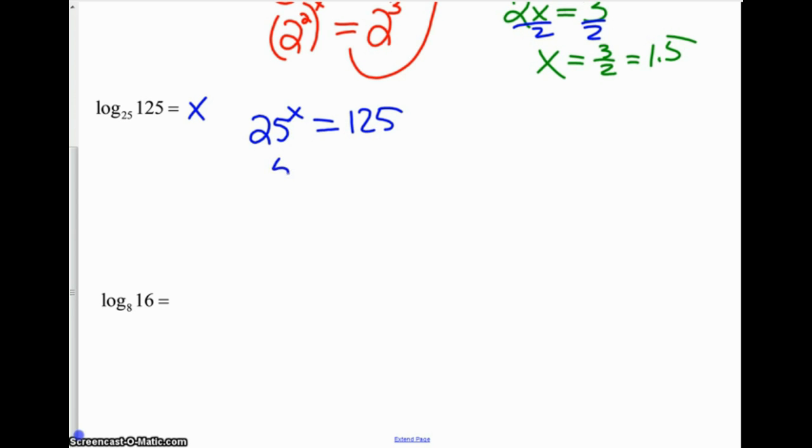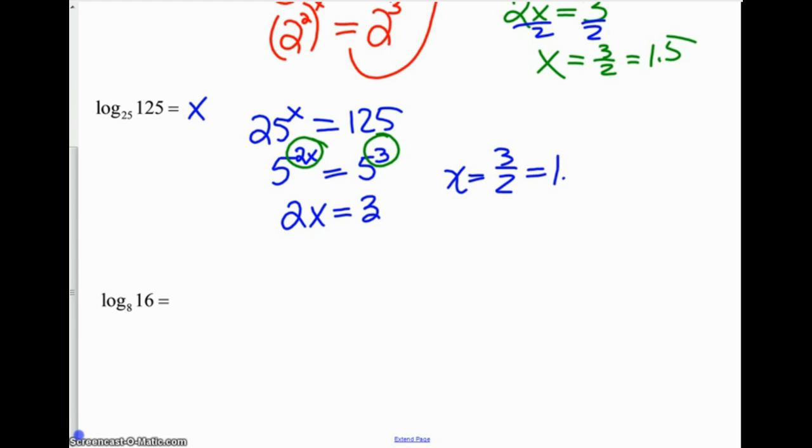I think the most common base I would use here is 5. 25 is 5 squared, and taken to the x power that is 5 to the 2x. 125 is 5 to the third power. Now again my bases match, which means my exponents must be equal. 2x must equal 3. Therefore x must equal, again, 3 halves, or 1.5.